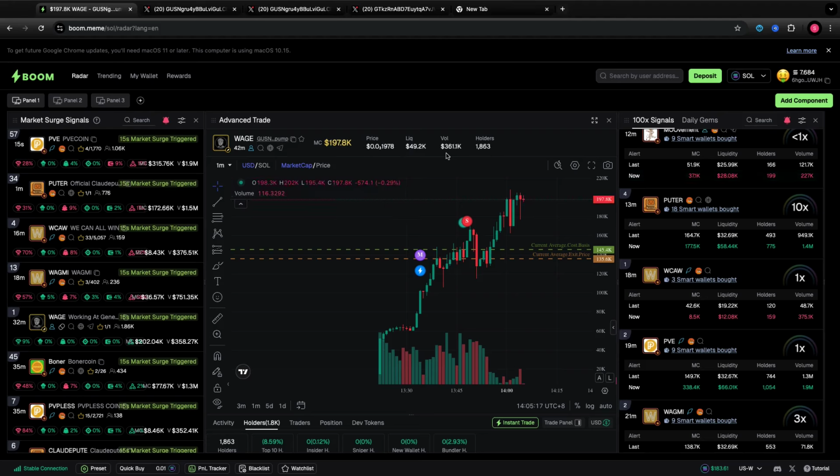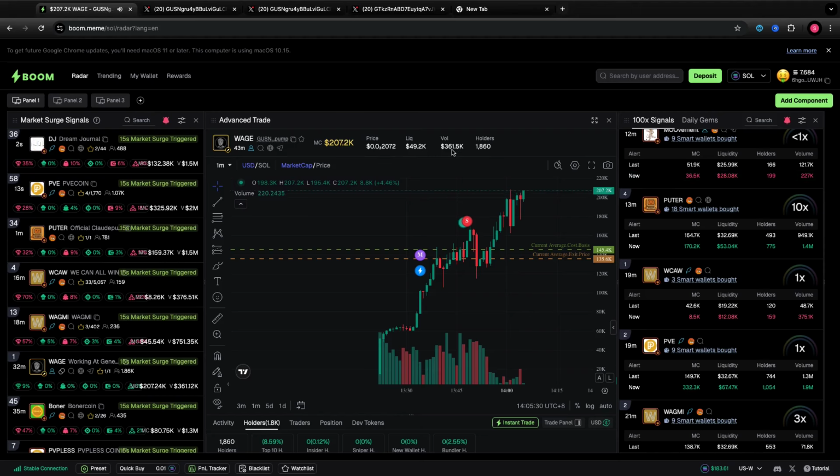So in this particular case, we had a lot of holders. This particular project had about 1,000 holders with a minimum volume of around 200K. So if you take a look at the current price of this market cap, right around 205, in comparison to the volume, it's not really adding up.